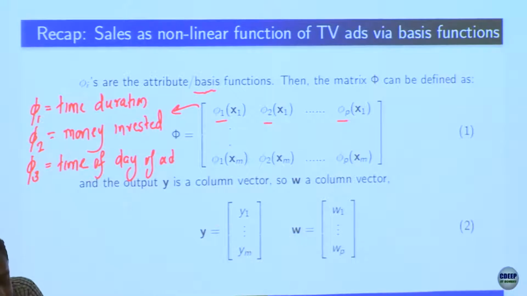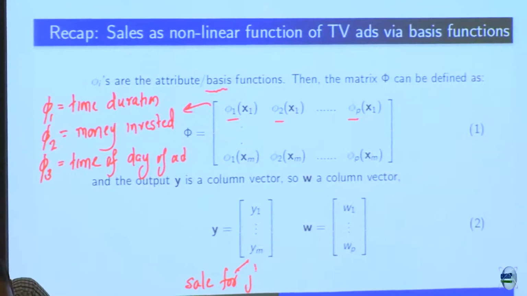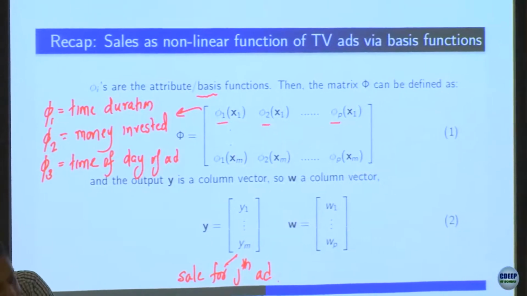The individual outputs y1 to ym, in general yj is a scalar, as I said, and this could be the sale for the jth ad or jth object.